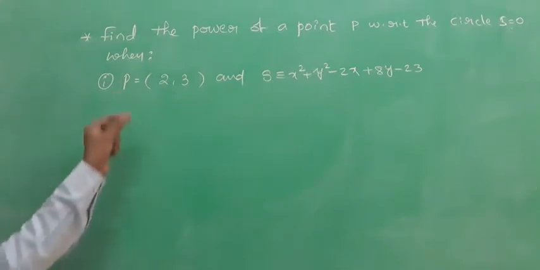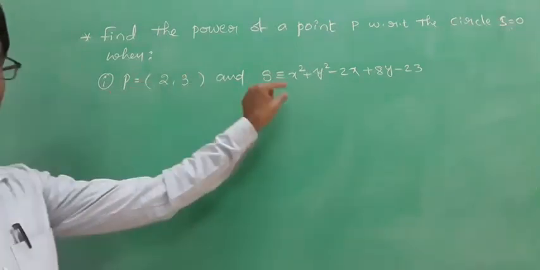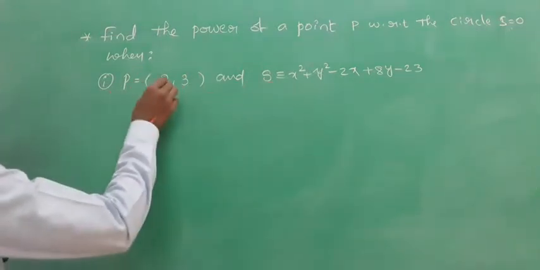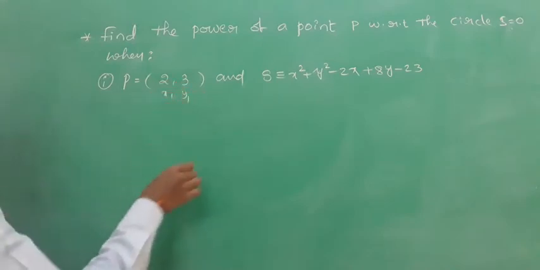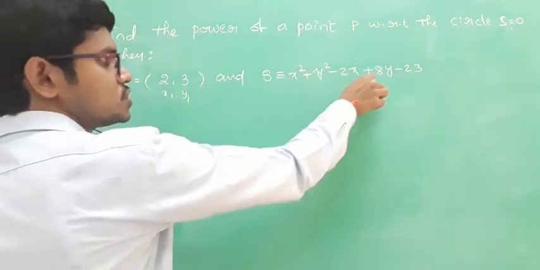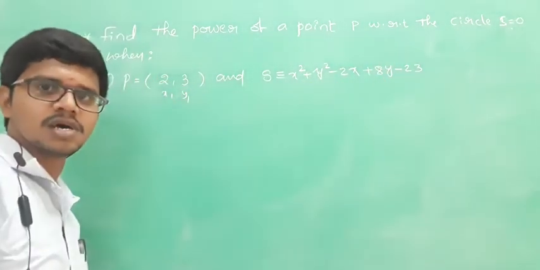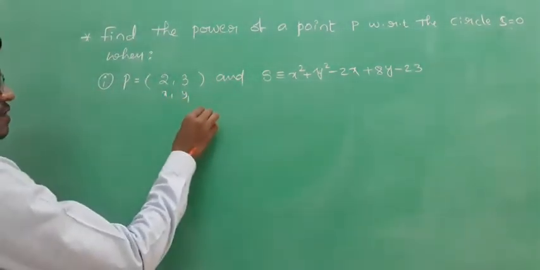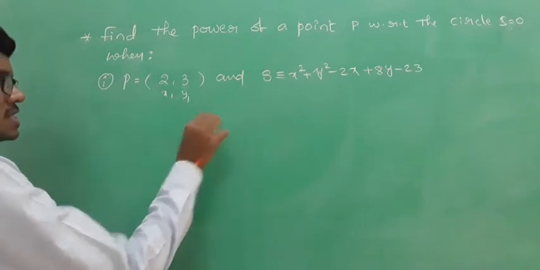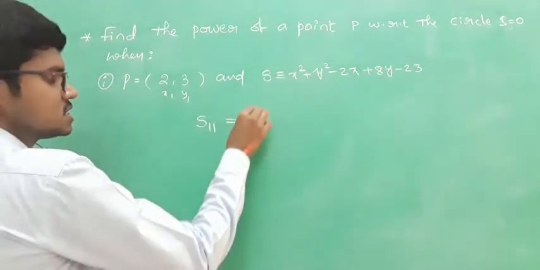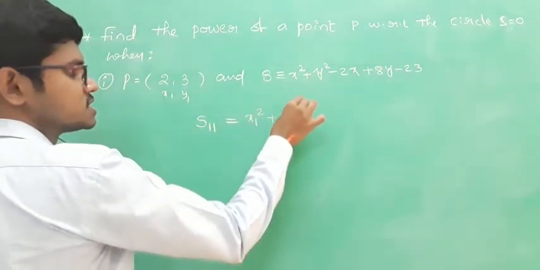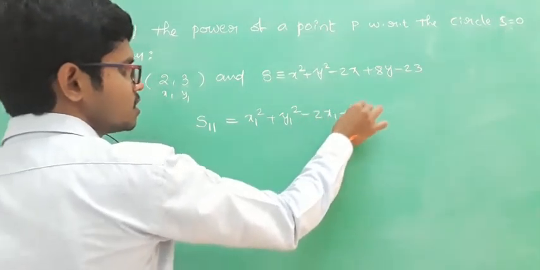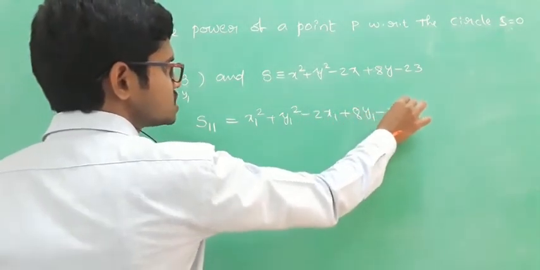See the second problem. Find the position of a point with respect to the circle. This is x1, y1. x square plus y square minus 2x plus 8y minus 23 is the equation of the circle. Okay, so how to find the position of a point? To find the position of a point we need S11. So S11 is x1 square plus y1 square minus 2x1 plus 8y1 minus 23.